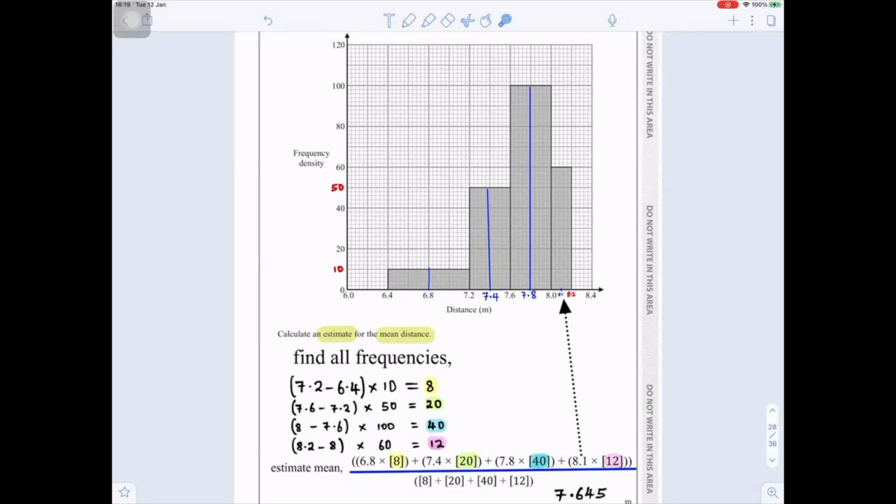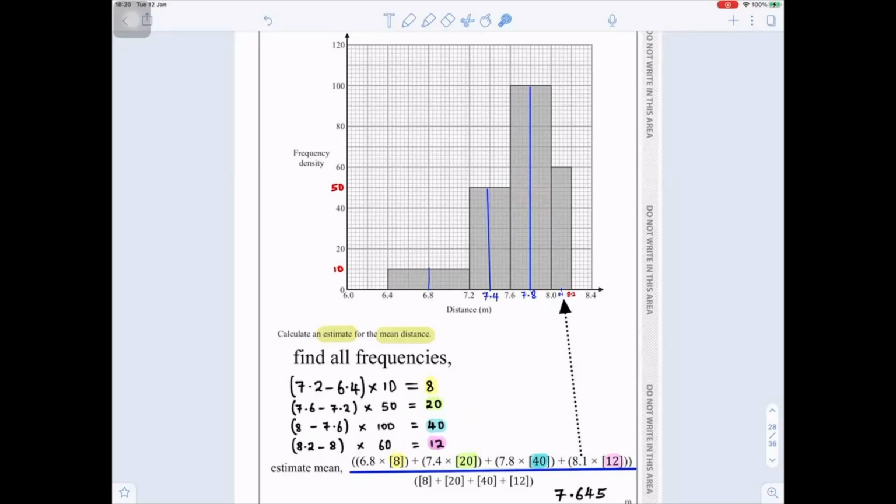The next one is 7.6 minus 7.2 times that height, which is 50, so that gives us 20, and that frequency is 20. So this one is 8, this one is 20. The next one, 8.0 minus 7.6 times 100, gives us 40. So this tall one is 40.